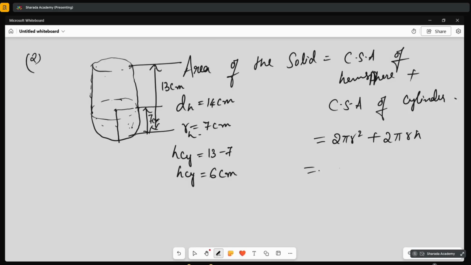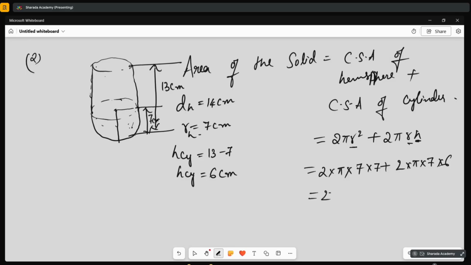So that is 2 into pi into r. Most of the time when they say mounted on each other, the radius of the cylinder and the hemisphere will be the same. So it is 2 into pi into 7 into 7 plus 2 into pi into 7 into the height of the cylinder, which is 6.